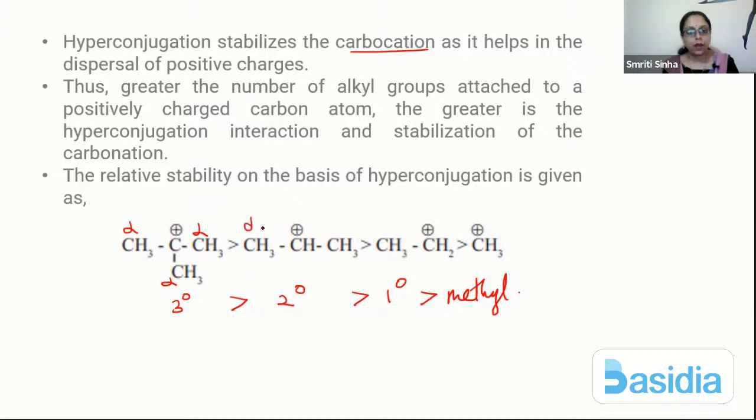In secondary, you have 2 alpha carbons, and in primary 1, and in methyl there is no alpha carbon. So in tertiary carbocation, there are 9 alpha hydrogens. In secondary, there are 6. In primary, there are 3. And due to this increasing number of alpha hydrogens, hyperconjugation effect increases and therefore their stability increases.